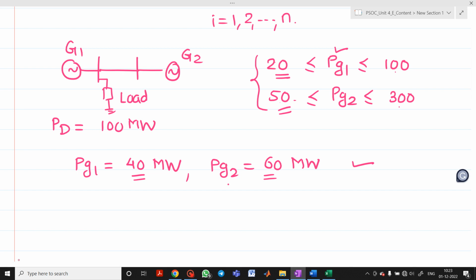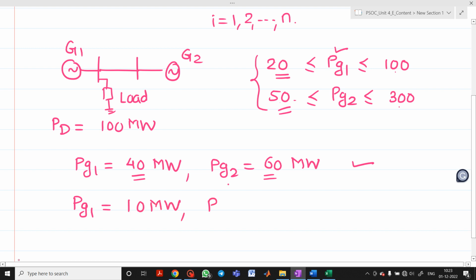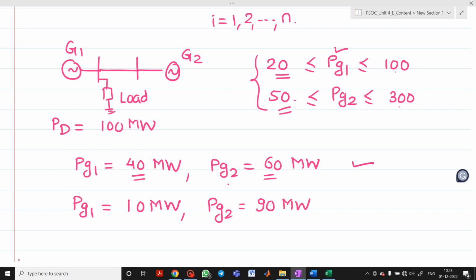But if after calculation I got the answer PG1 equal to 10 megawatt and PG2 equal to 90 megawatt, because we know that the total load is 100 megawatt. For generator G2 it is okay, 90 megawatt lies between 50 to 300. But what about generator G1?